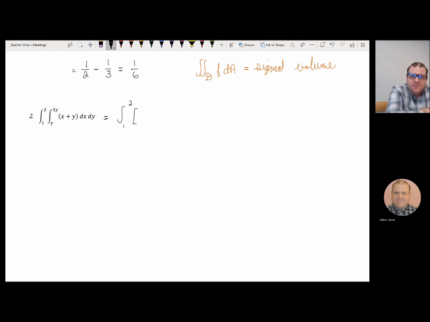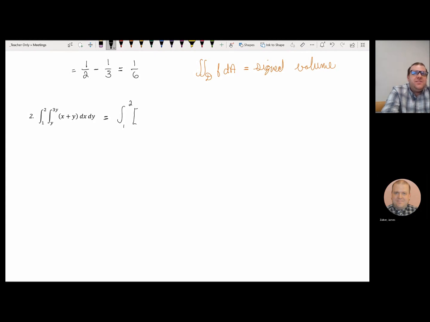Antiderivative of x with respect to x. That's the derivative.